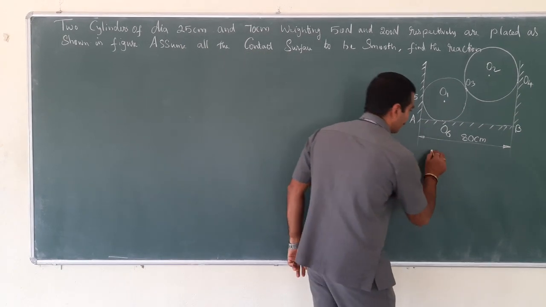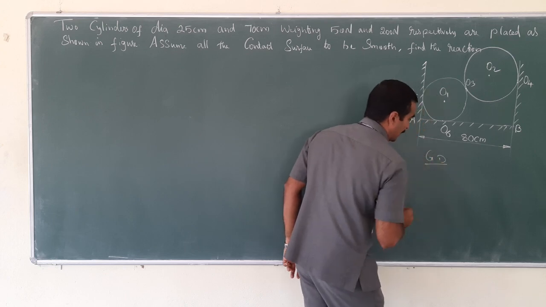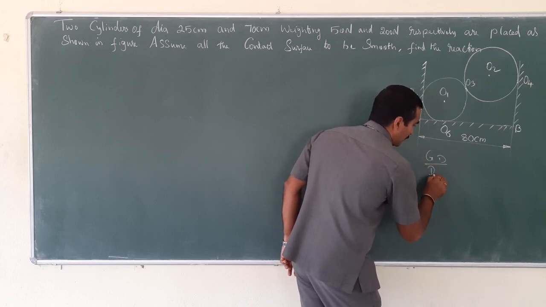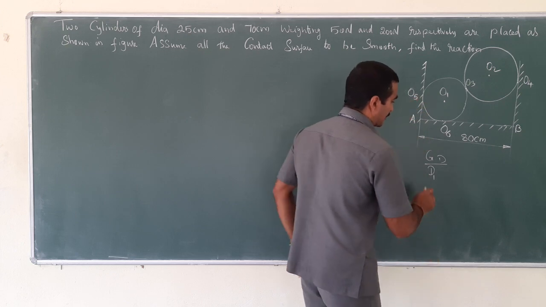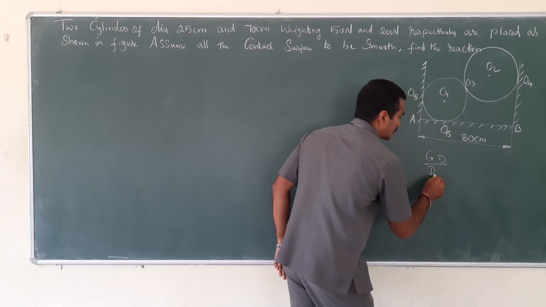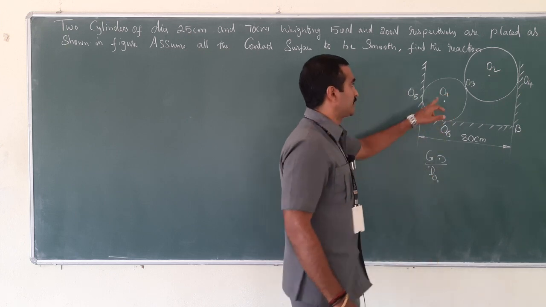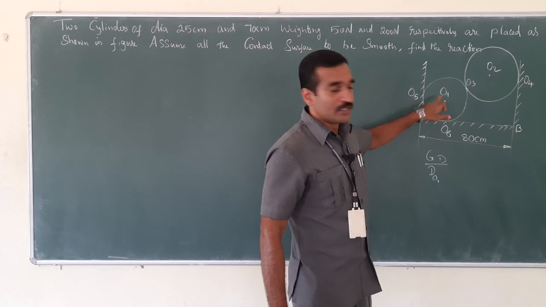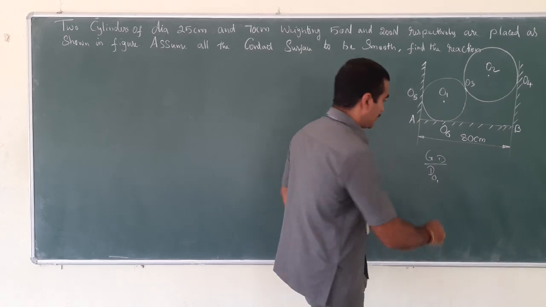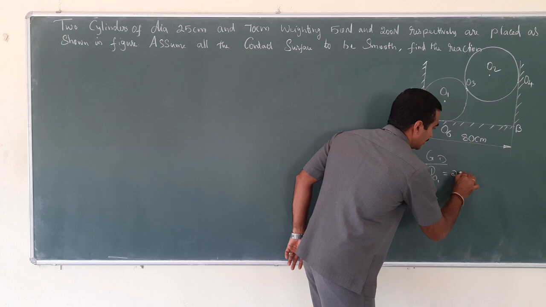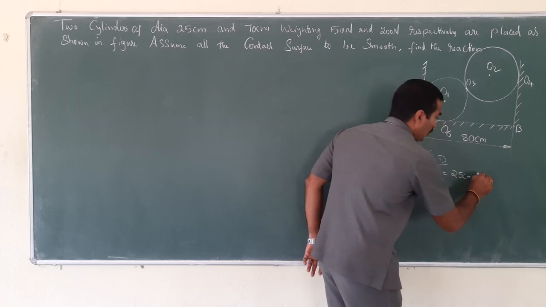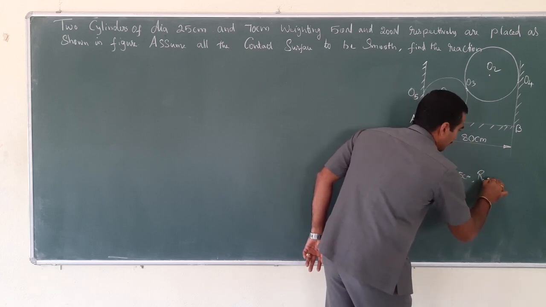So the given data: the diameter of the small one, let me take this as O1 because the figure specifies O1. So dO1 equal to 25 centimeter. Then what about RO1 in that case?